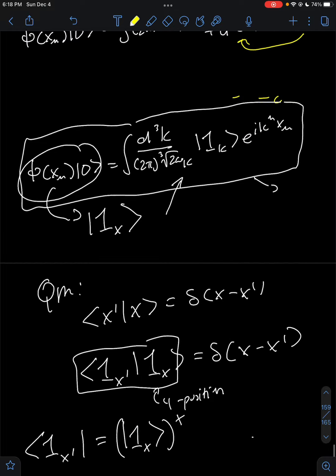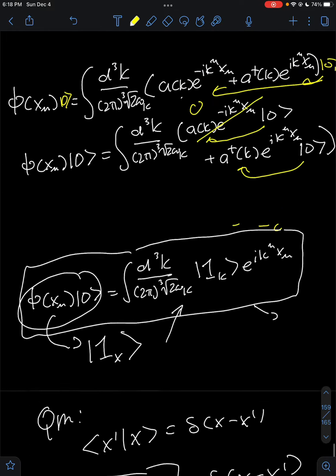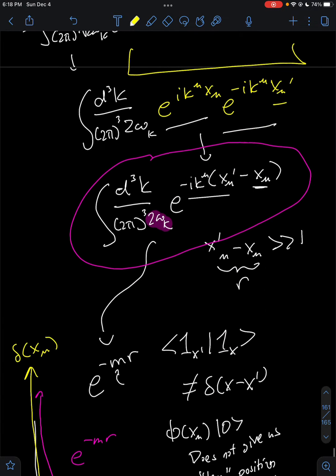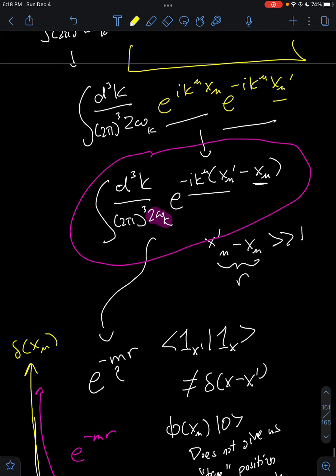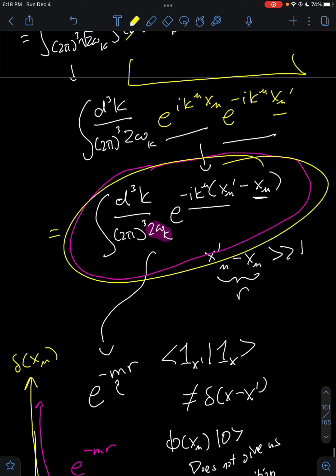An important thing to note is that this over here, what's in the yellow, is called the elementary propagator.